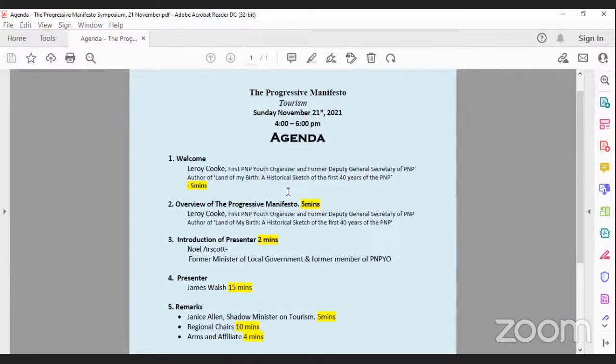Firstly, membership, where we said the party needs to distinguish between members and supporters. Members, as far as we are concerned, need to be people who have greater commitment, not just people who hang around and jump on the bandwagon close to election time.